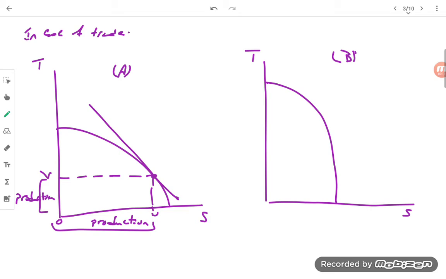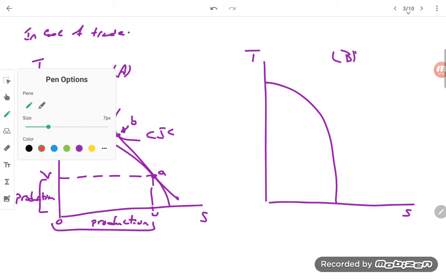With respect to consumption, we can consume more or less than the quantity produced, as we are going to trade with the rest of the world. So consumption, or the point of maximum satisfaction, will be achieved when the CIC is tangent to the price line. So this is the point of consumption. Point A is the point of production and point B is the point of consumption.